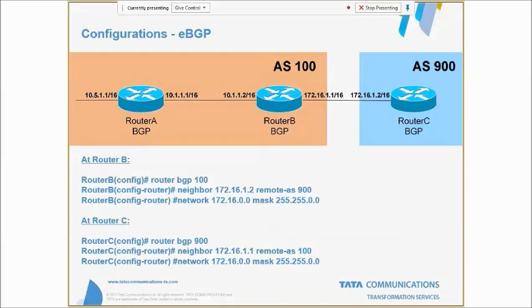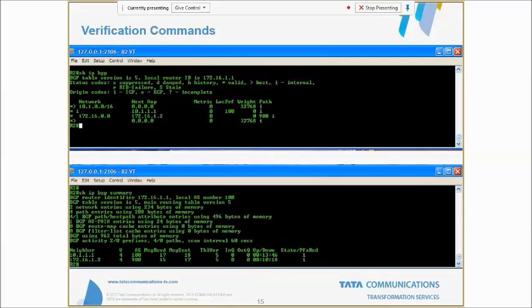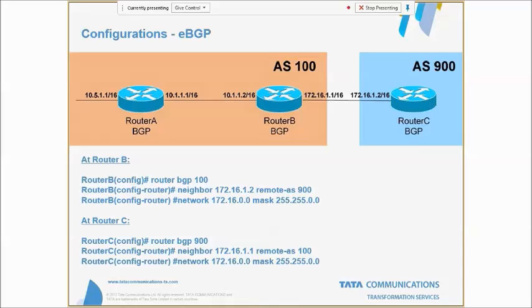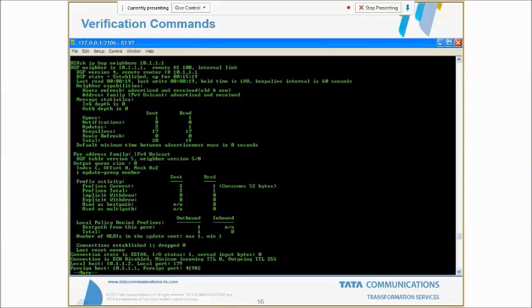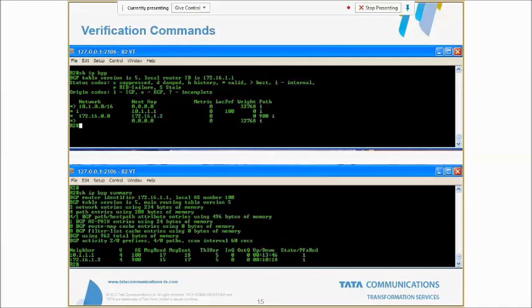Let's discuss some of the verification commands. I'm at R2, which is router B, in autonomous system 100. I'm running the command show ip bgp here. It has a table version of 5, and the local router ID is 172.16.1.1, which is the same as its IP address here.